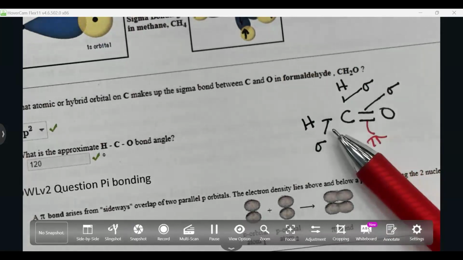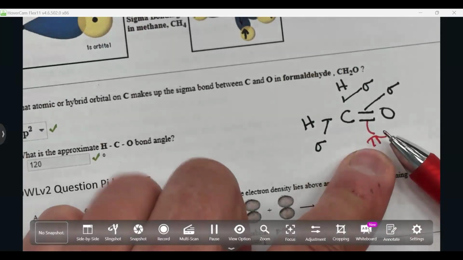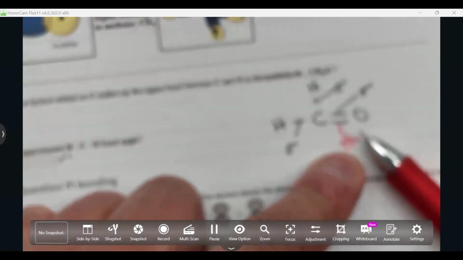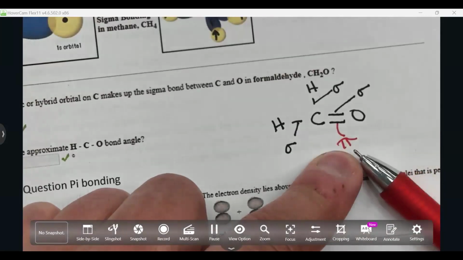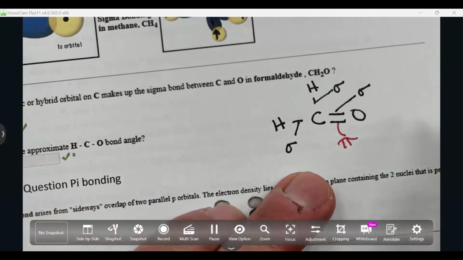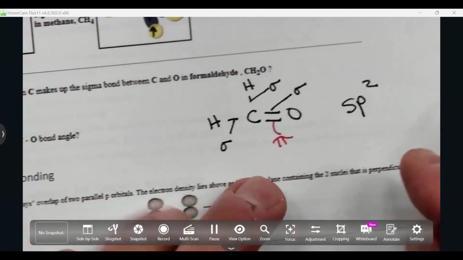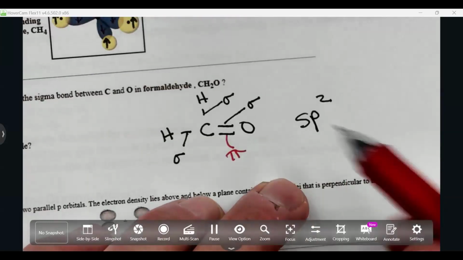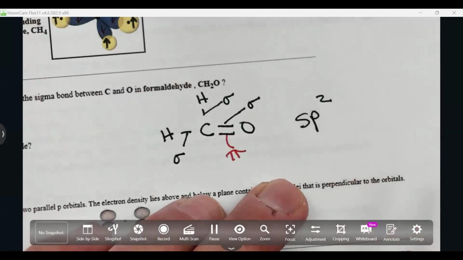This is a 3-0, right? Remember, this pi bond is not made with a hybrid orbital. This is a regular p orbital left over. So this is going to be sp2. That's a 3-0. sp2, 3 hybrids.